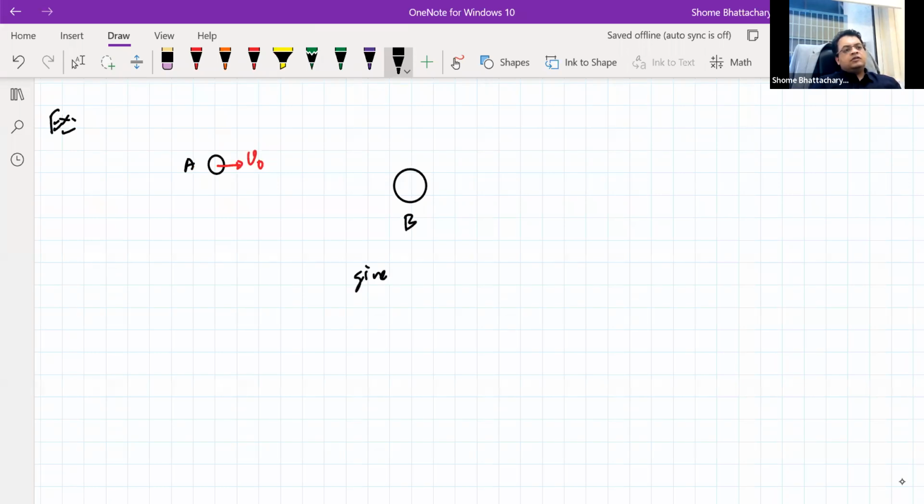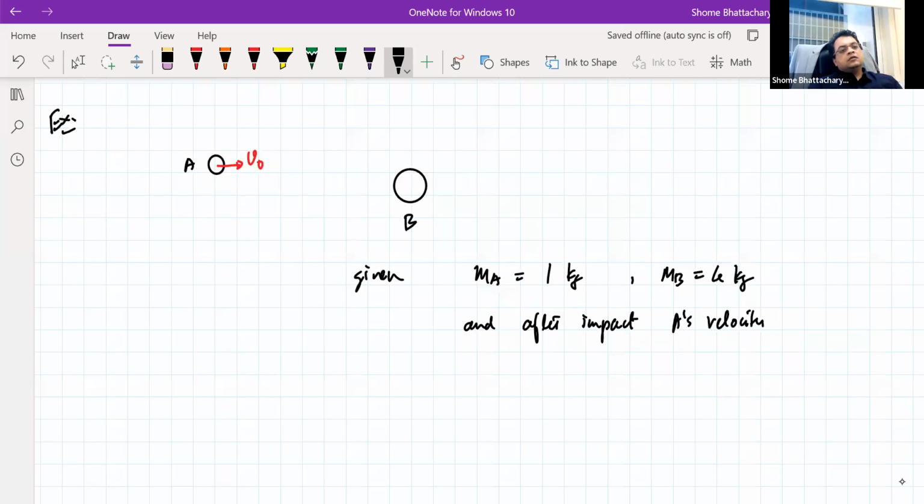Given that MA is equal to 1 kg, MB is equal to, let's say, 4 kg, and V naught is also given to us. Let's say it is 9 meters per second.